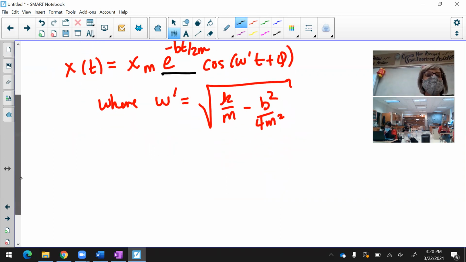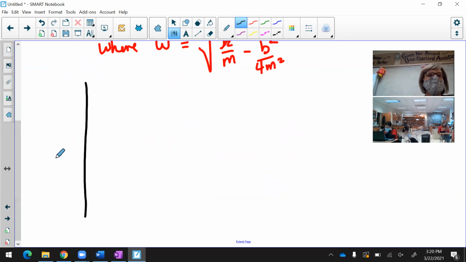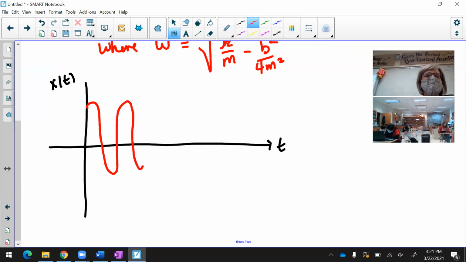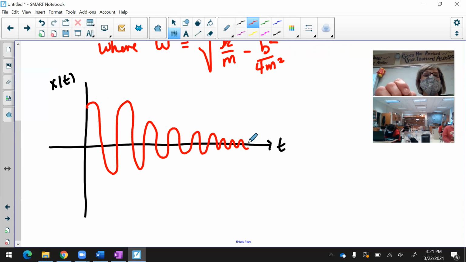So if you graph this, and let's say what we're going to graph is x of t versus t, the amplitude gets smaller and smaller and smaller.